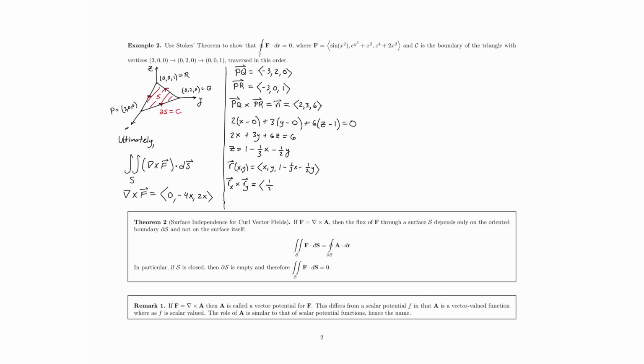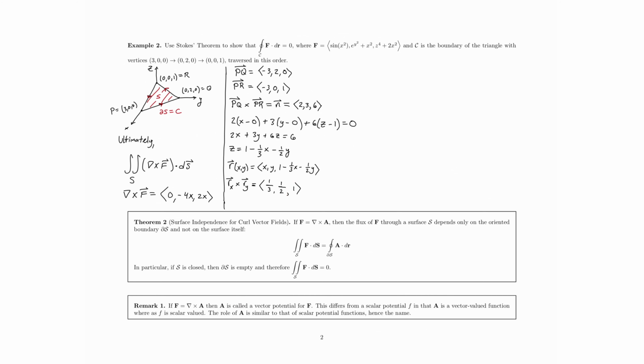So this would be +1/3, negative -1/3. This would be negative -1/2. And then this would just be 1. Okay? So that is a normal vector. Now this vector here is pointing upwards because this is a positive z component.